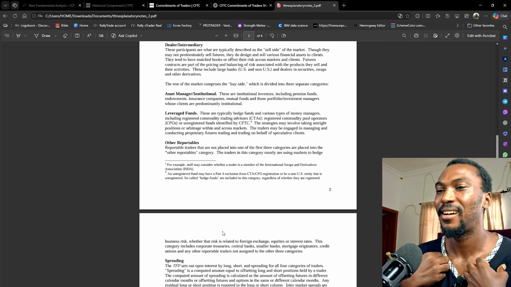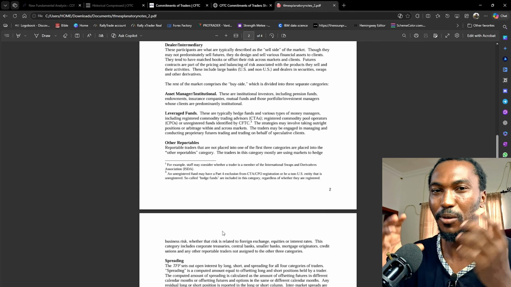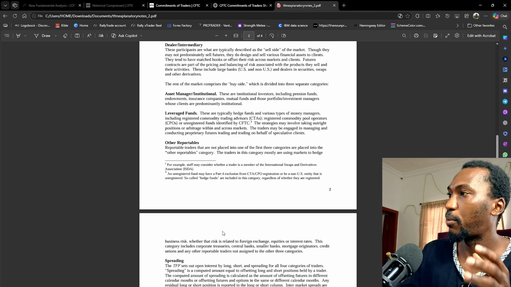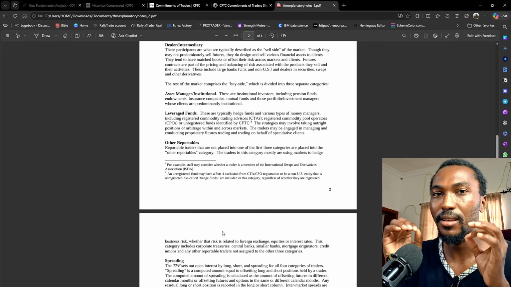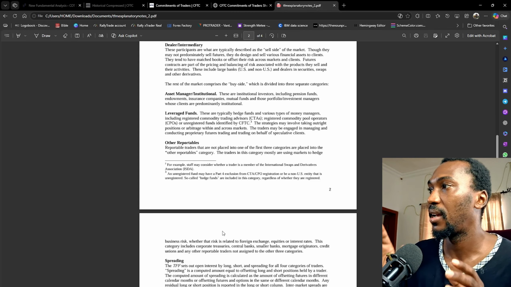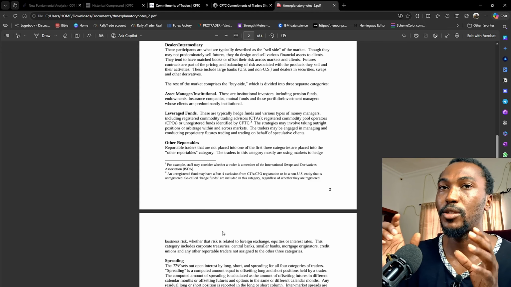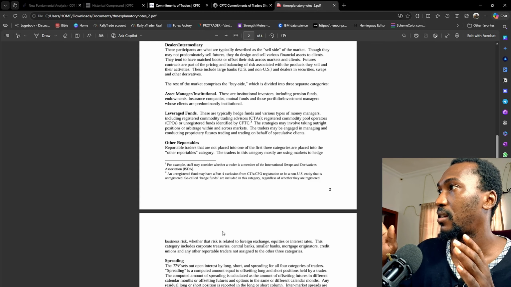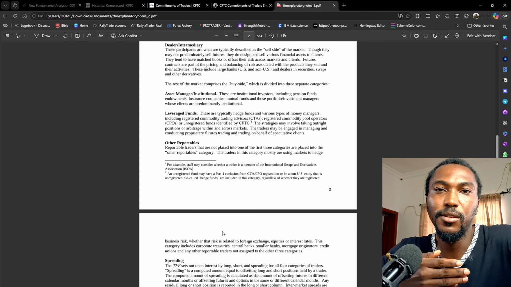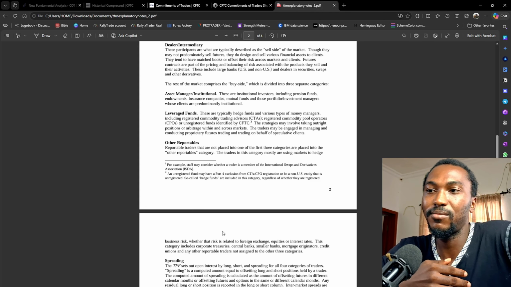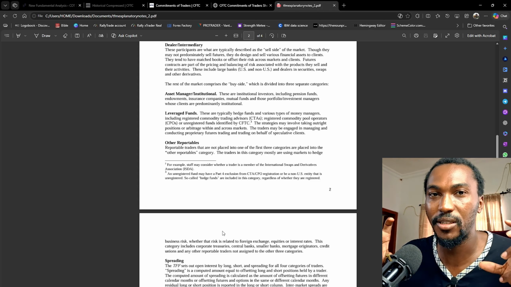I had these thoughts all this while as a trader, but upon reading this document, I realized that central banks are not institutional traders. They trade, they are trying to hedge against business risk, right? They are trying to make profits not because they want to squeeze everything from the market.